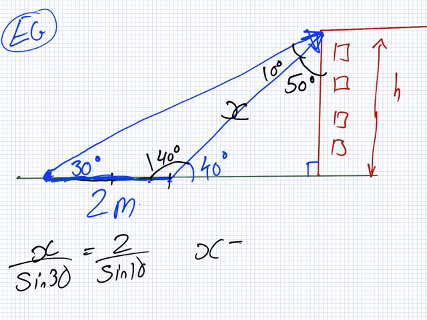So x is 2 sine 30 over sine 10, which is 5.759 meters.